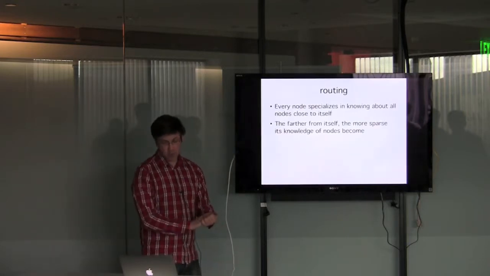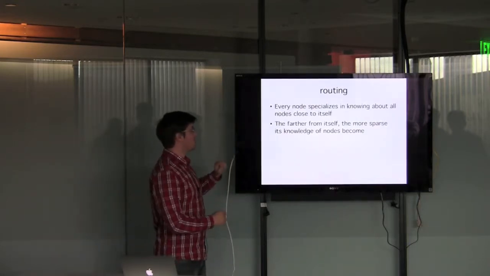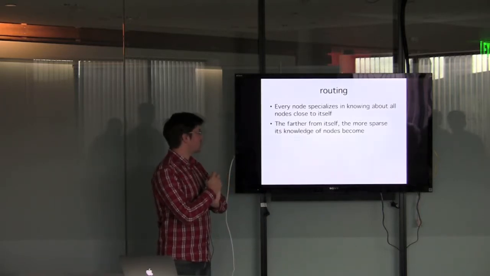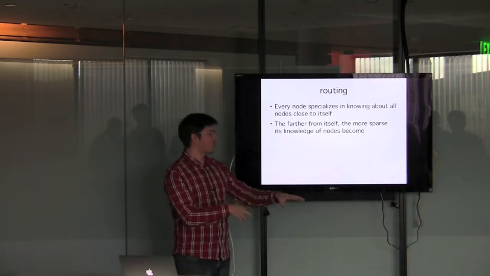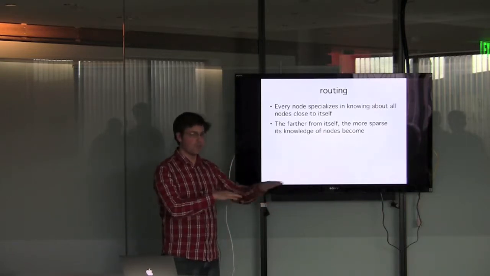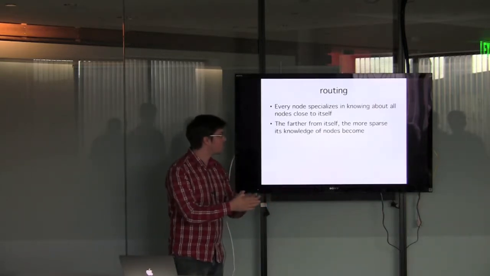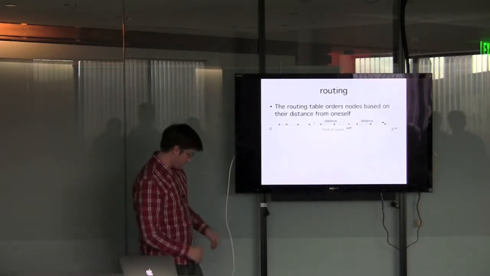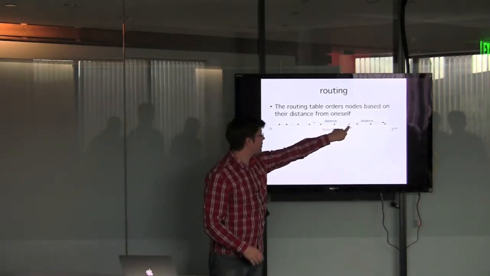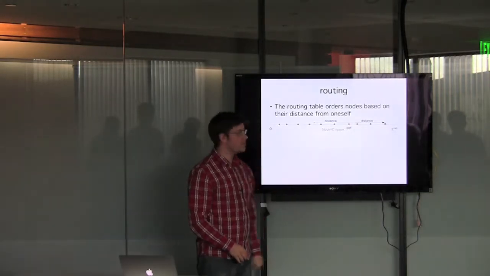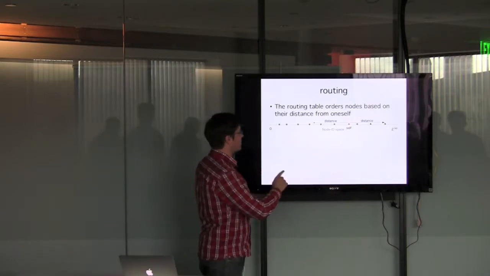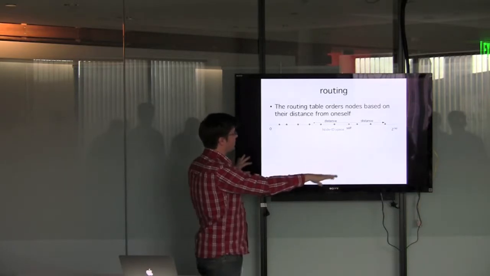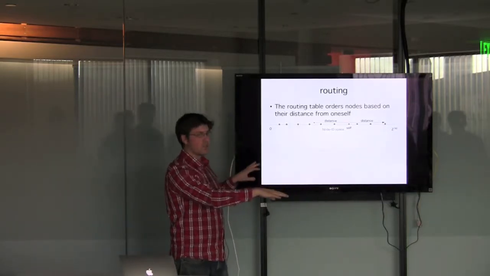So instead of knowing about everything, you specialize in knowing about all nodes that are close to yourself. And the farther from you, the more sparse your knowledge of the nodes that exist is. For instance, we can illustrate this: let's say that we chose this node ID. The distance from us goes that way and that way, and the further away from us, the less interested we are in them.